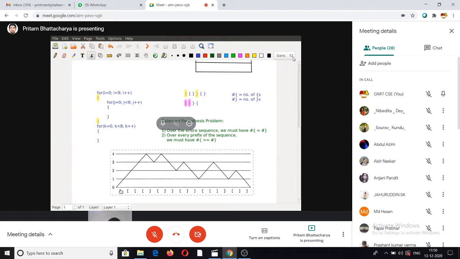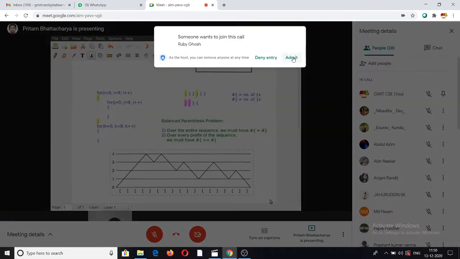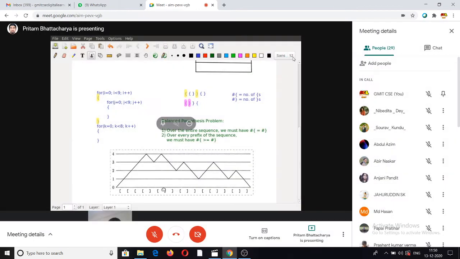What I have plotted here is, on the x-axis, each prefix length, and the y-axis plots the difference in the count of opening minus closing braces after considering each prefix.